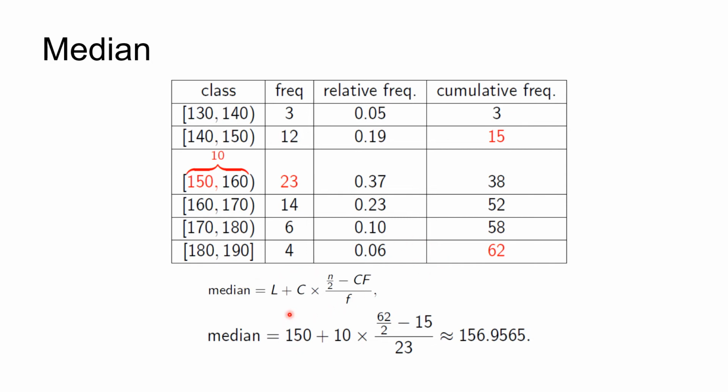So 62 over 2 minus the cumulative frequency before the median class, which is obviously 15, and over 23. This 23 is the frequency of the median class, which is this. So you substitute it and then calculate using your calculator.